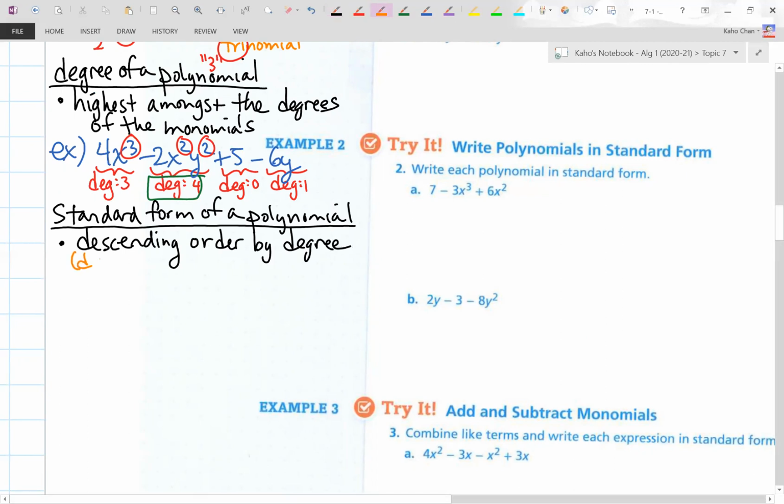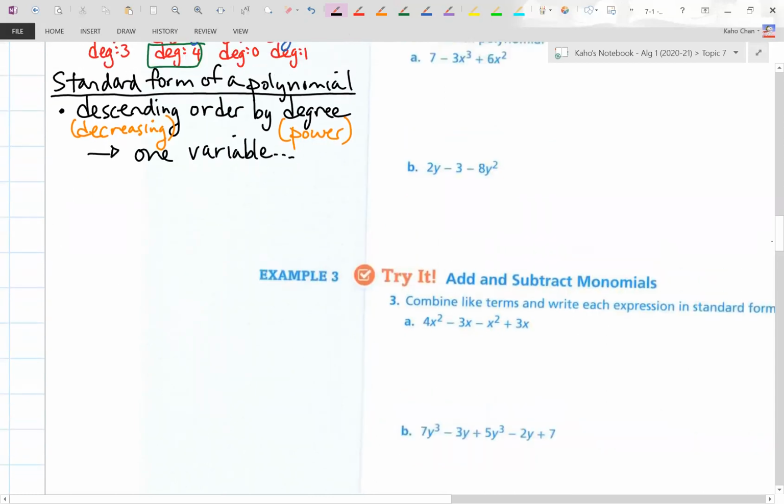Decreasing, descending, same thing. And by degree, of course, we know as powers. Usually when we do this, it's with only one type of variable, like an x or a y, but not both.